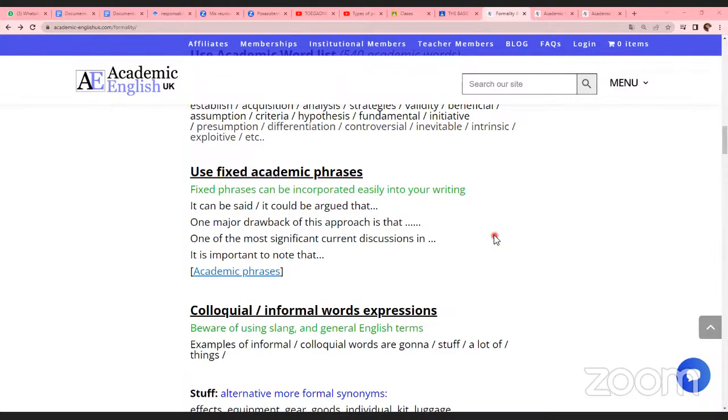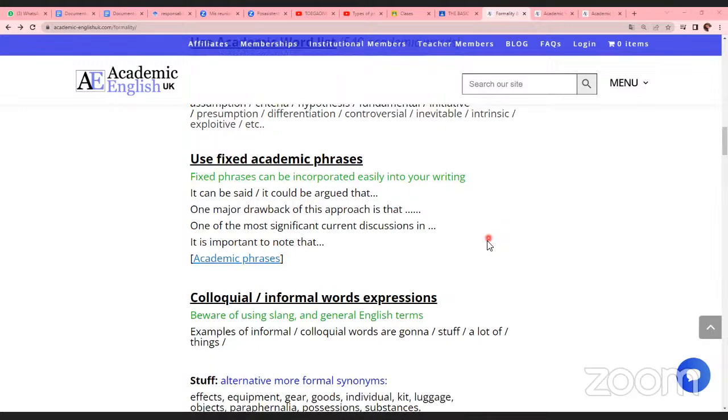It's similar to the passive voice, but we are trying to explain from the other point of view. I mean, I'm not saying it's mine. It's a sense that we could have, or we are going to develop about one essay. One major drawback of this approach is that, one of the most significant current discussions in, it is important to note that.